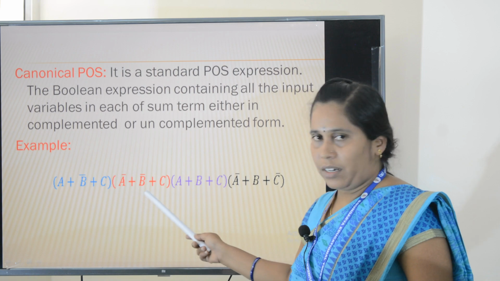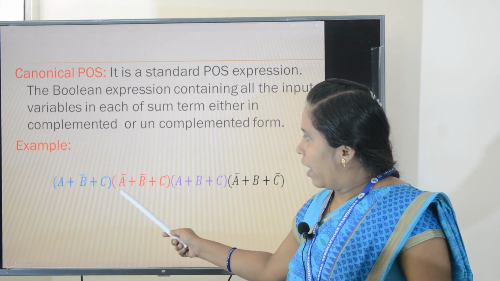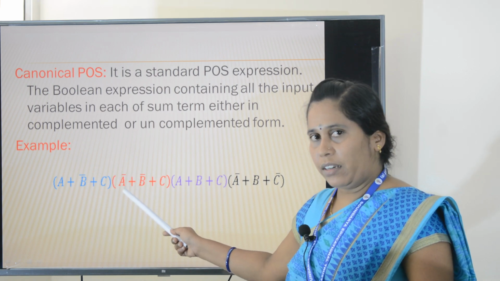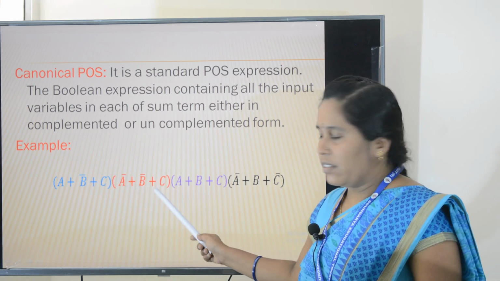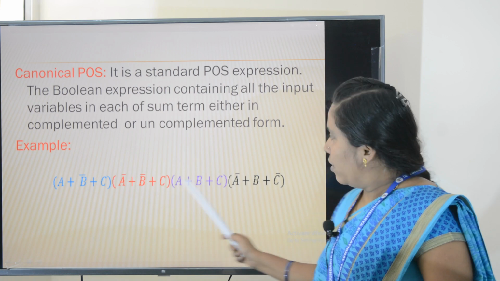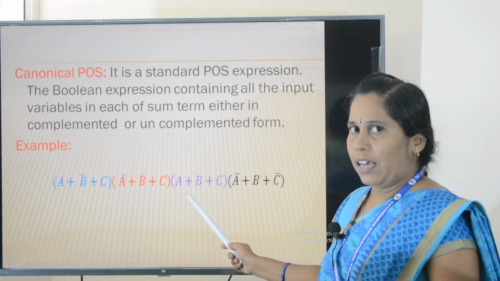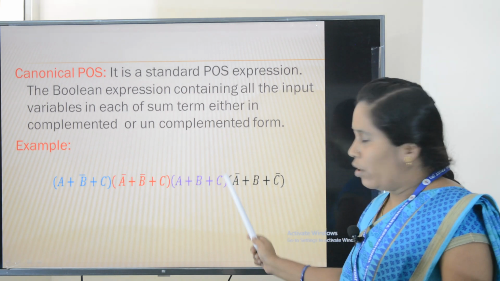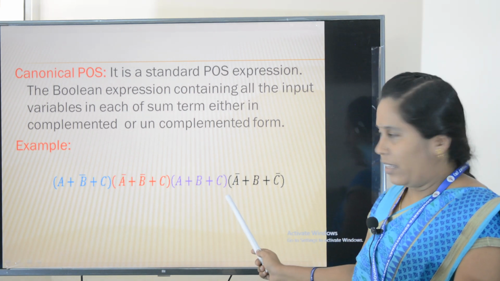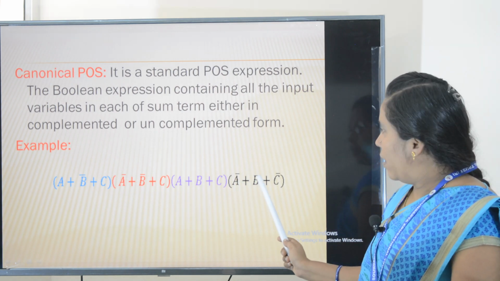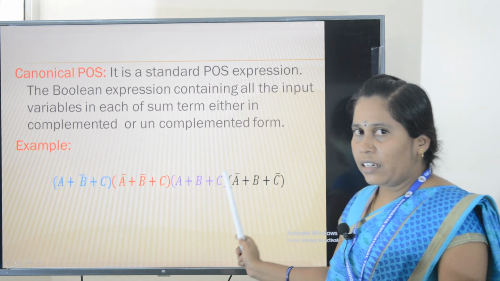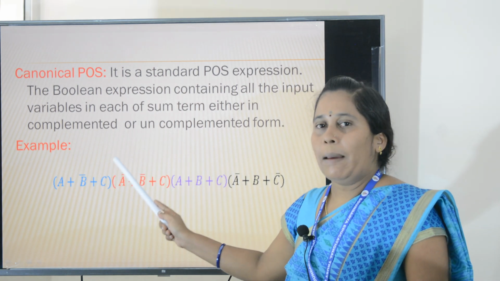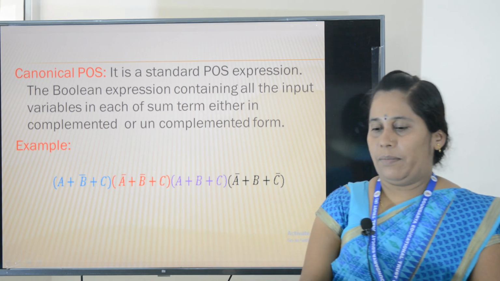The second sum term, the variables a, b, c, all the variables are present. A is complemented, b is complemented and c is uncomplemented. In the third sum term, all the variables are present, a plus b plus c. In the fourth also, all the variables are there, a bar plus b plus c bar. So in standard POS, all the variables must be present in each sum term.